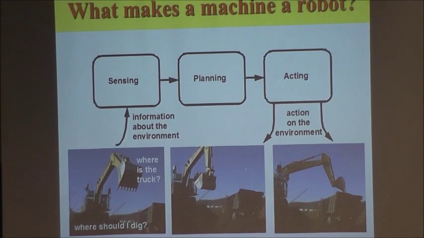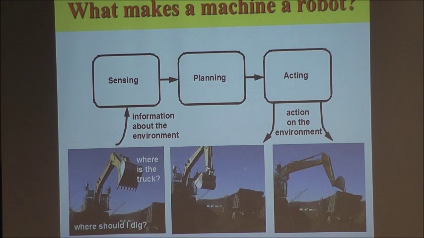So what makes a machine a robot? You sense. In this case, a human driver is behind that forklift and knows where the truck is. The driver wants to ask himself, where should I dig?